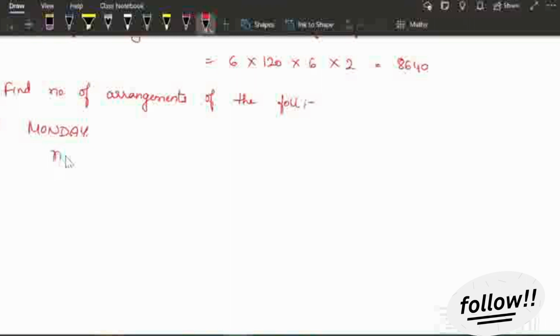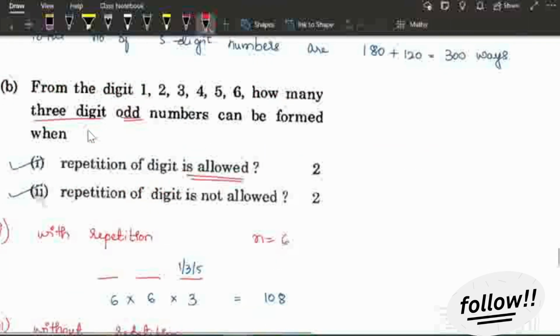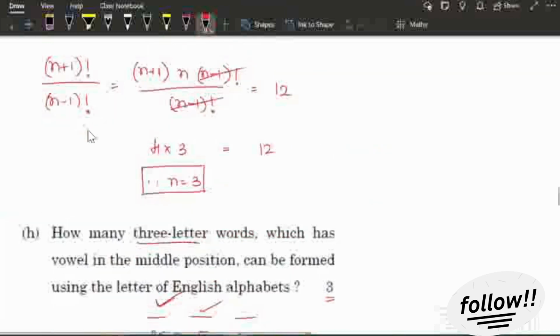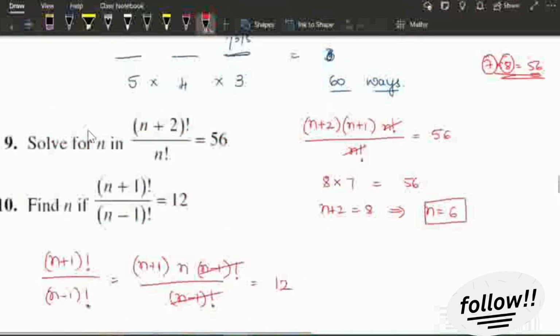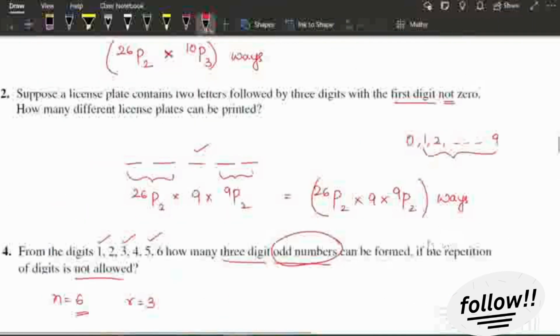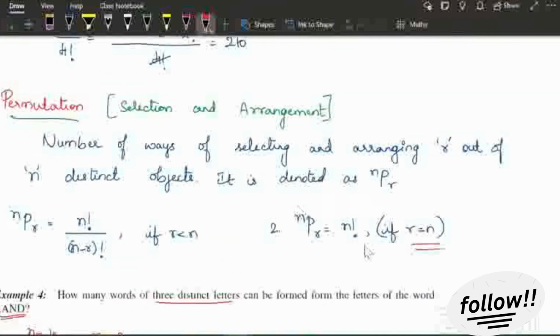So here n is 6. When we say number of rearrangements of all the letters of the following words, all these letters we are taking for rearranging. So what is the formula that we considered when we have to take all the letters? If r is equal to n, then the formula is n factorial, right?